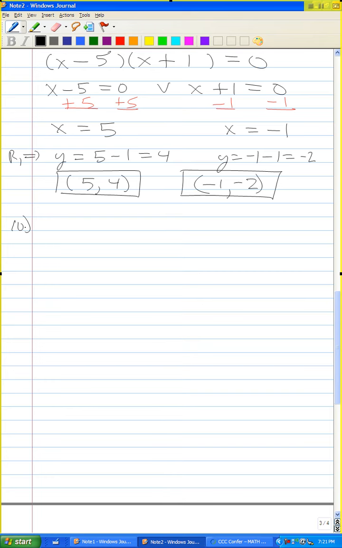And so x squared plus y is equal to 2. x to the fourth minus y equals 0. So let me add these two equations.